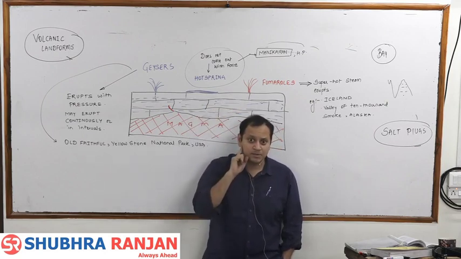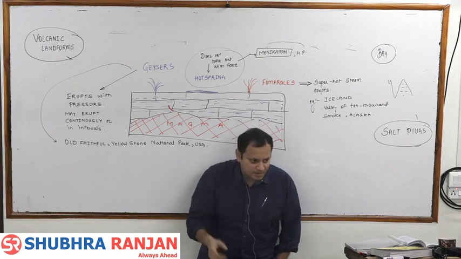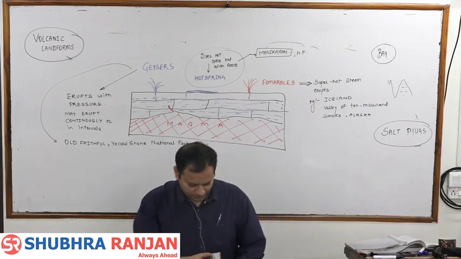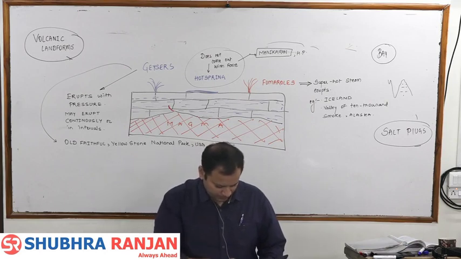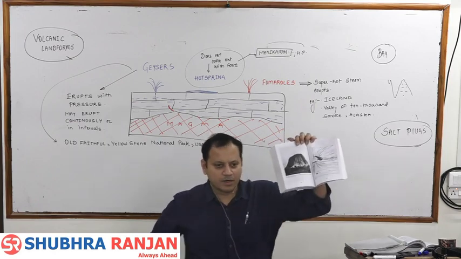They look similar to dikes when the dikes are exposed. Salt plugs कहेंगे हम. They look similar to dikes. If I have a photo here, this is not volcanic.